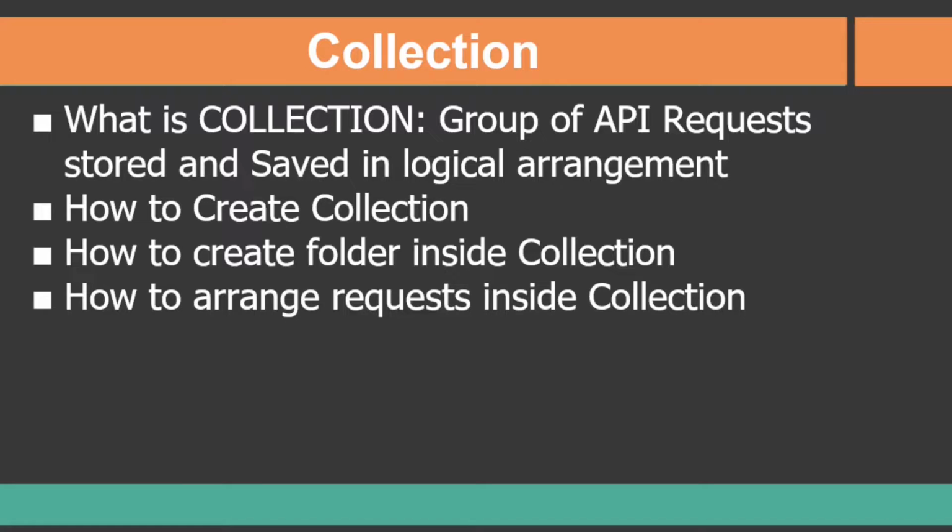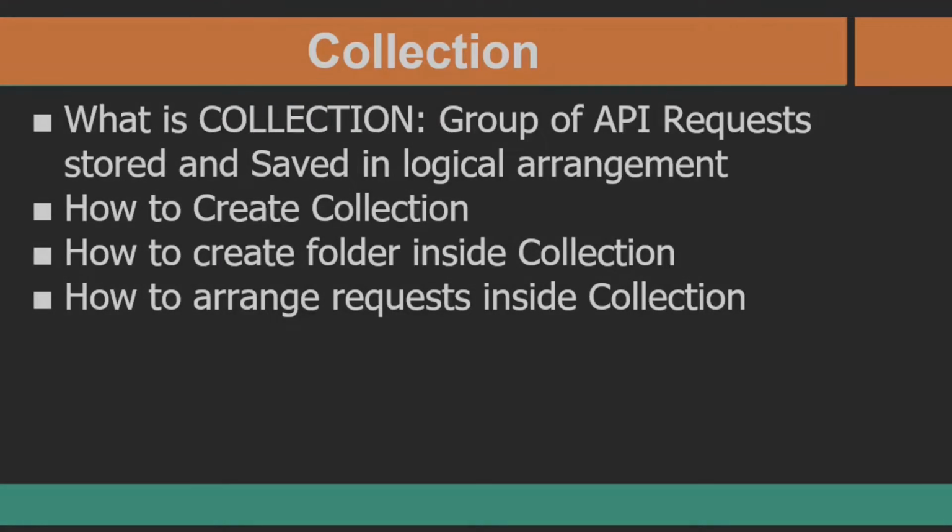And also there are a lot of advantages of the collections which I'm going to show you once I jump onto the system. So now let's jump onto the system and see how we can create collections and how we can manage collections in executing the API requests and also in automating the API requests.